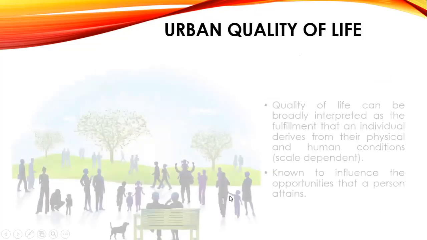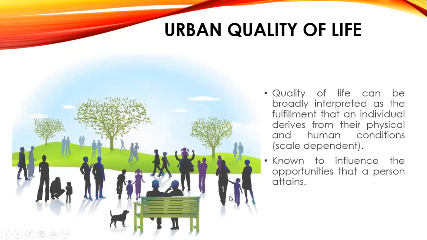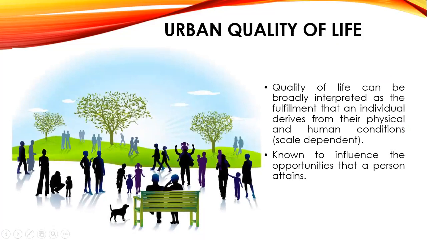So what is the urban quality of life? For example, in Nairobi, we have different areas and sections, and certain people choose where they want to live because there's a certain quality that they're looking at. It can be interpreted as the fulfillment that a person gets from their physical and human conditions. And this is scale dependent.